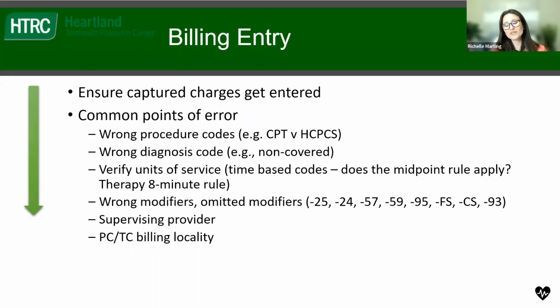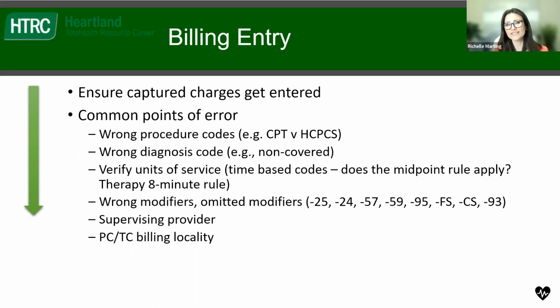So you can create edits in your system too if you're commonly mislinking services and diagnoses. An edit or an alert that says, hang on a second, is this the diagnosis code you really meant to link to this service because it doesn't make sense, or this is not typically a diagnosis code that would be reported for that item.